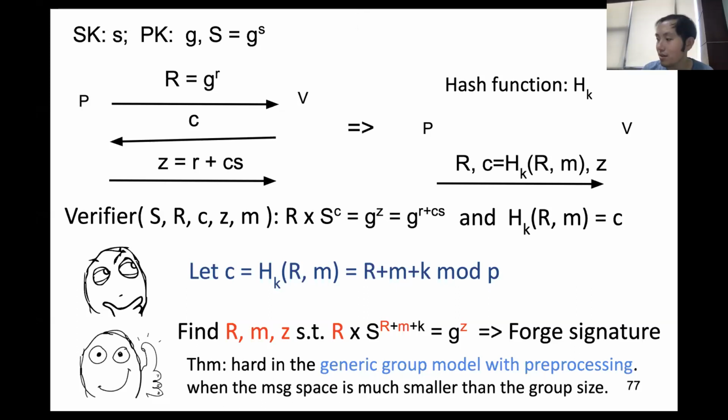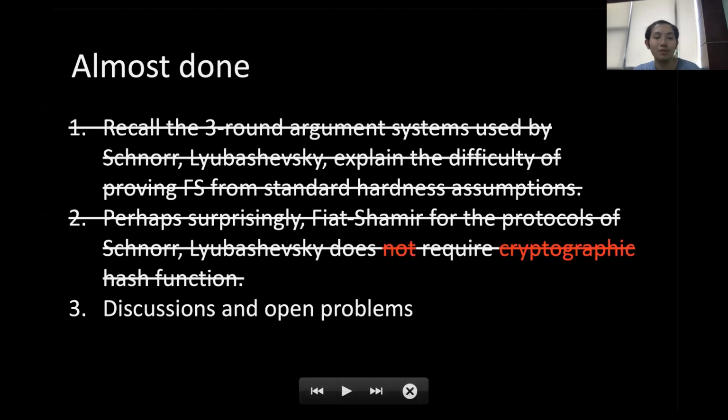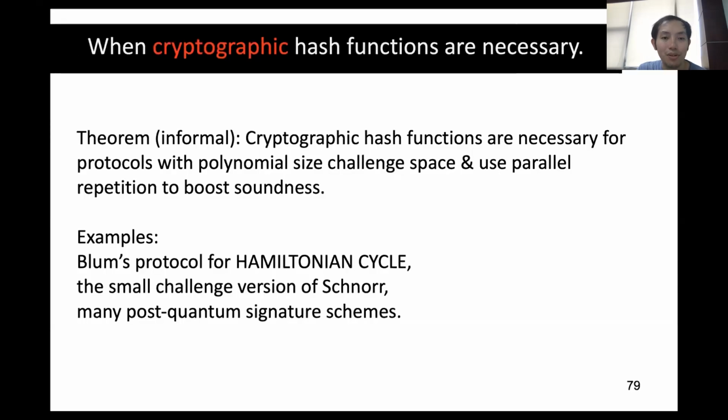Okay, so I guess my time is closing to the end, so let me go to the summary: discussions and open problems. Previously I gave you two examples where, to instantiate the Fiat-Shamir hash function, you almost require a non-cryptographic hash function. In the paper, we also discuss what kind of protocol does require a cryptographic hash function, or at least a one-way function.